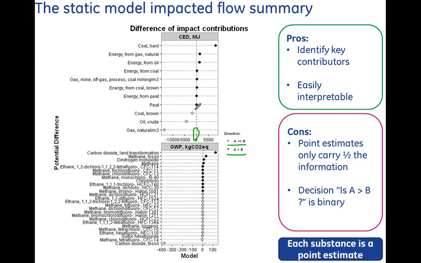I've decorrelated those substances from the analysis, but what stands out is natural gas, crude oil, and brown coal in this case for the instances where A is less than or equal to B, and then hard coal specifically for when A is greater than B. And this is for cumulative energy demand.